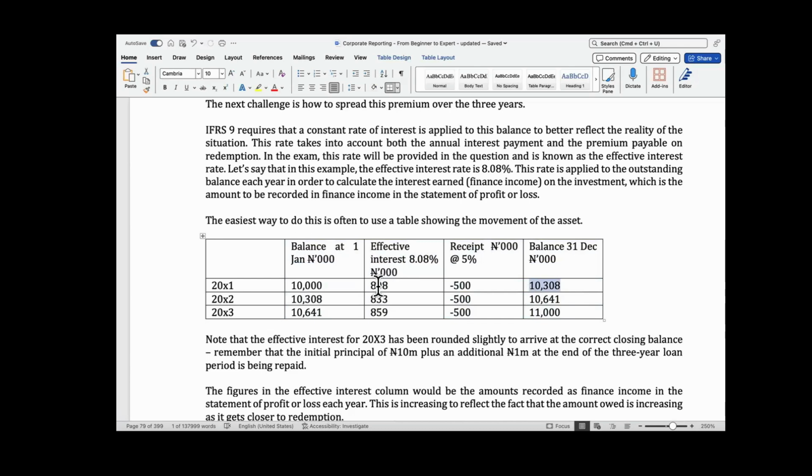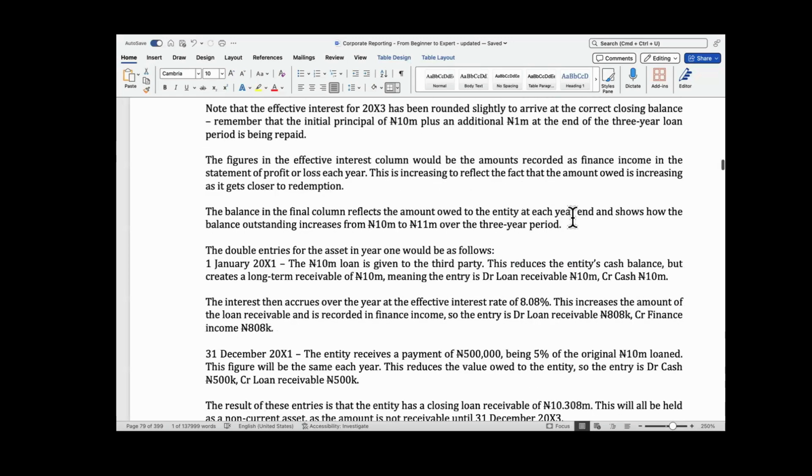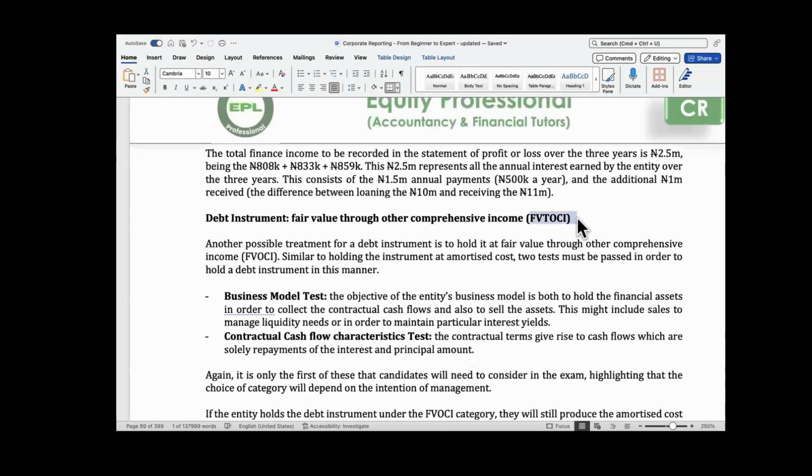You are still going to get your interest. So this amortization schedule, or the amortized cost, is to be derived. What makes it fair value is the fact that at the end of each year, you get the market value. But ultimately, what is important today is that you should be able to know when to classify as fair value through OCI. And in this case, it is when you also have the intention of selling that financial asset.